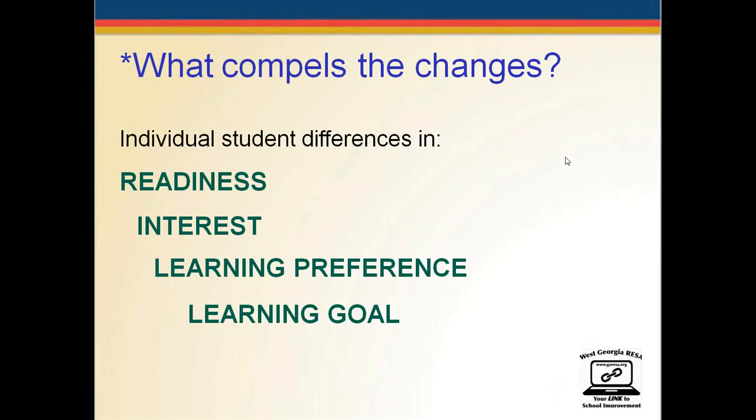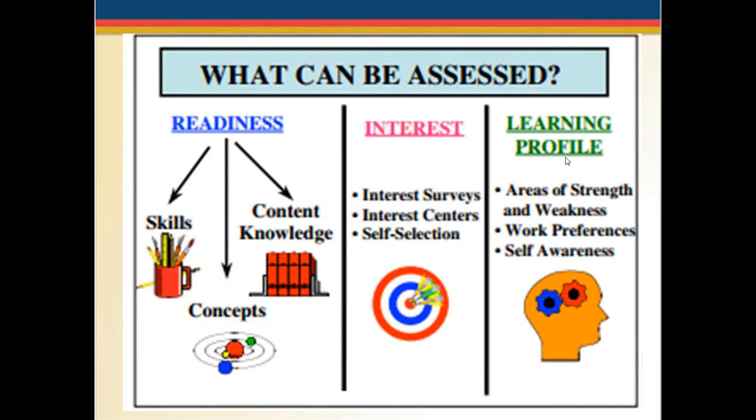A lot of books are starting to use the language of learning goal lately, and I like to think of learning goal as something school-structured, like perhaps part of an IEP or part of a 504 or part of a gifted contract or part of something that has been clearly articulated as an additional goal for that student. Even something as simple as knowing that this student has not yet passed a writing test and wanting to just make sure they have more practice with writing. That could be a learning goal.